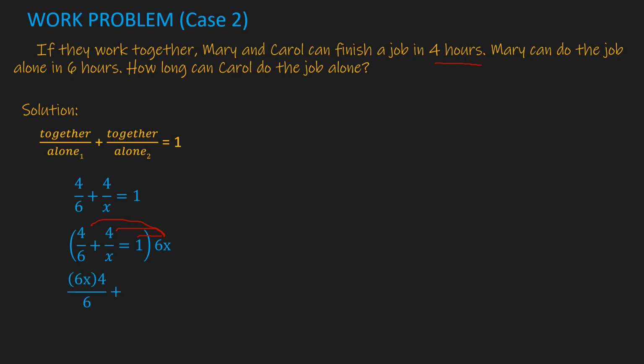So we get 6x times 4 over 6. And on the second fraction, 6x times 4 over x equals 6x. And continue.